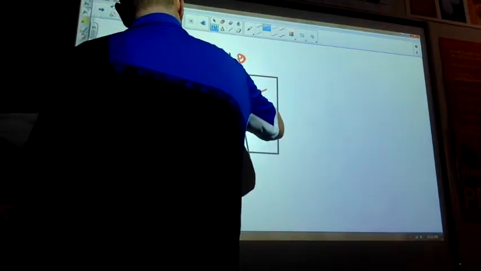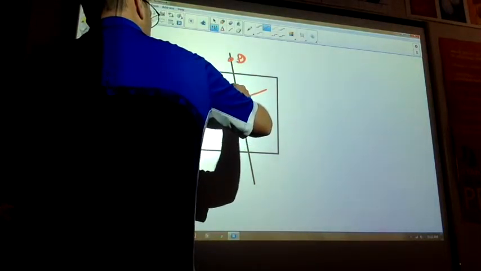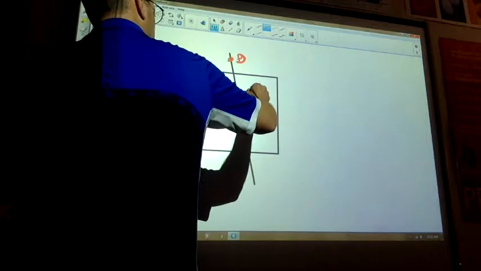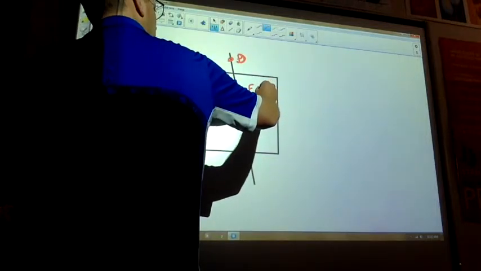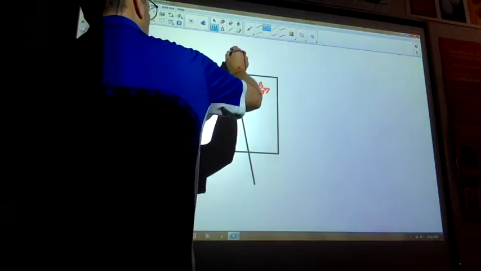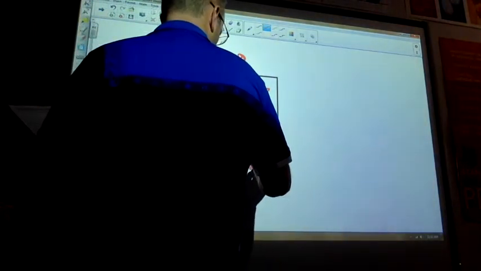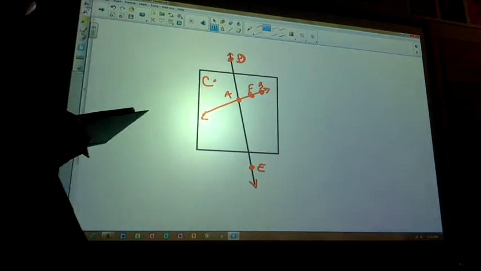I'm calling this C, point C. Then you have point A, point F, point B. Put an arrow at each end, so these are lines, not segments. And then you have a point E down here. So that, for the most part, looks like everything.